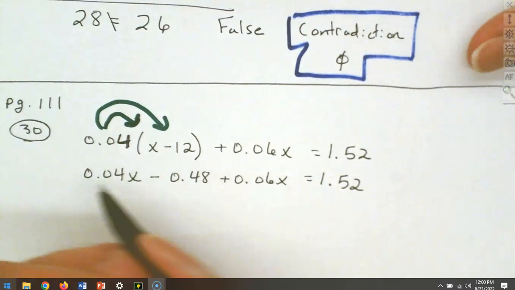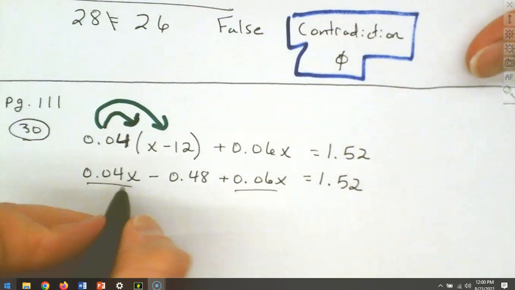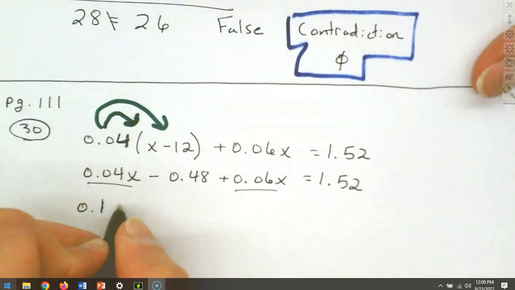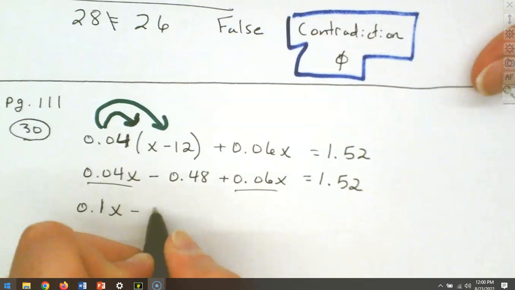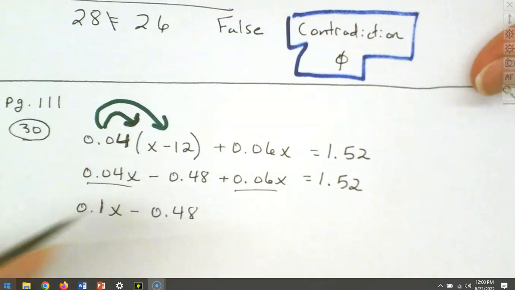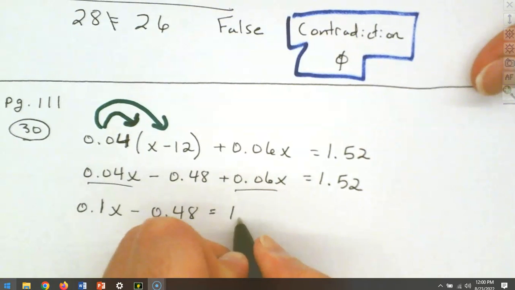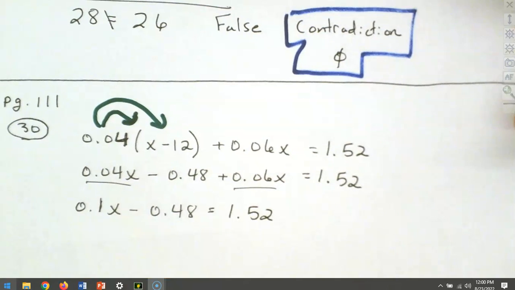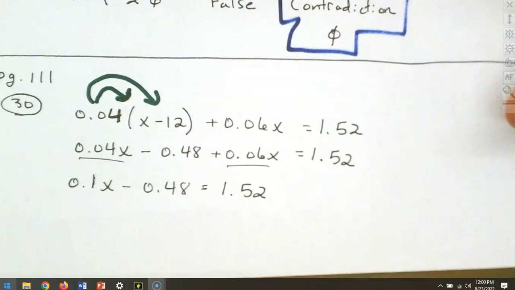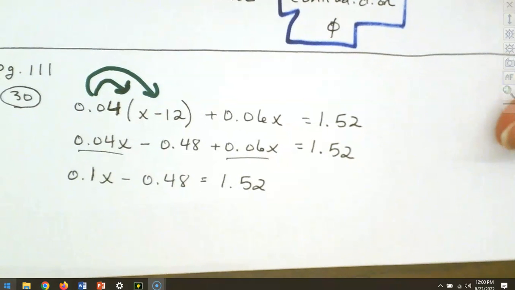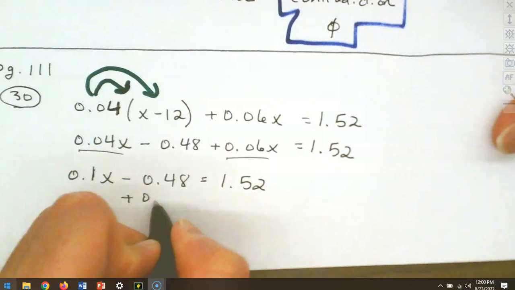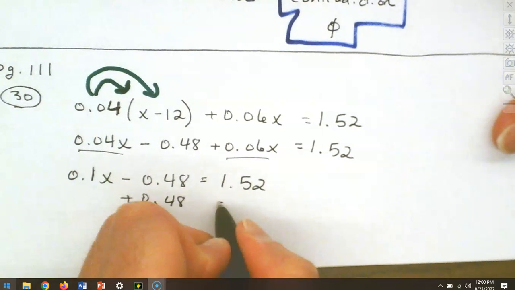Combine these together. So those can go together. So that's 0.1x when we put them together, minus 0.48. And that equals 1.52, because those go together. Okay. Add your 0.48 to each side.